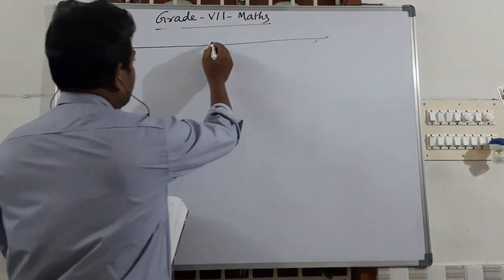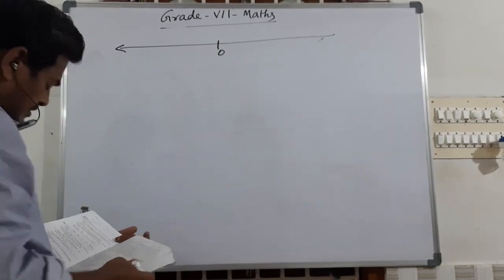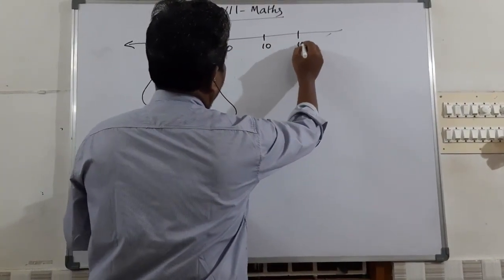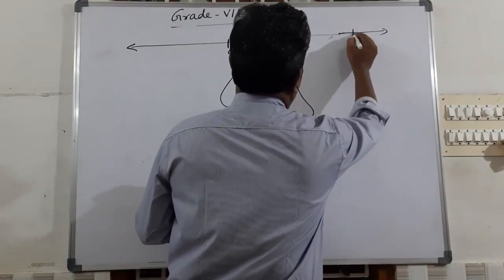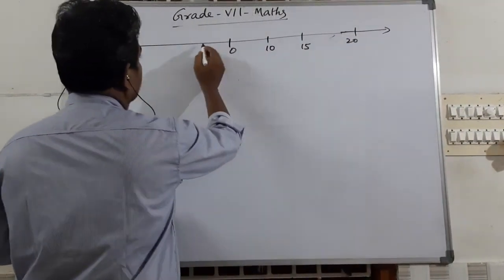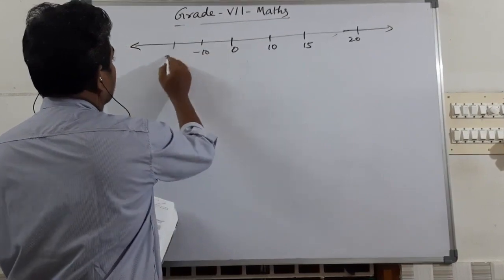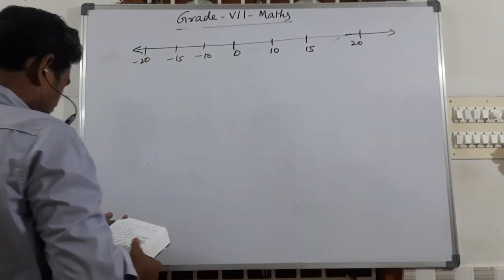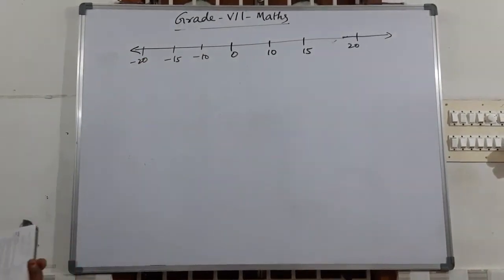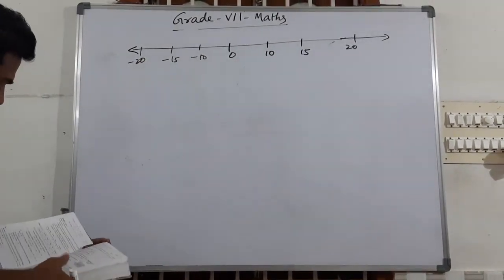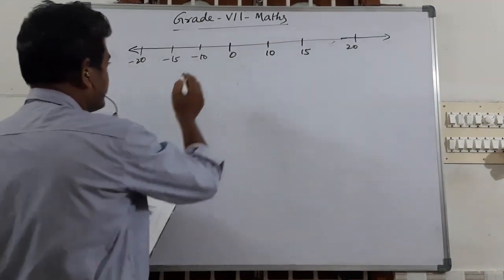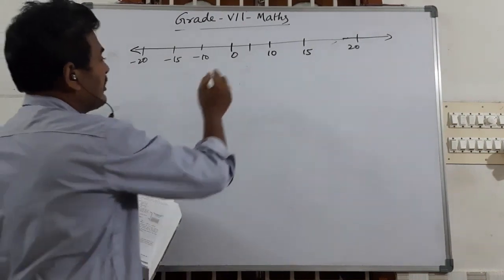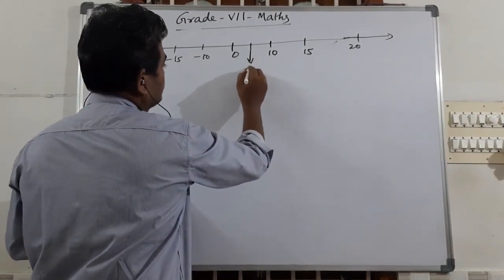So first 0, 10, 15, 20, then on this side minus 10, minus 15, minus 20. In this number line, they have given 5 degrees, and 5 degrees is Shimla.